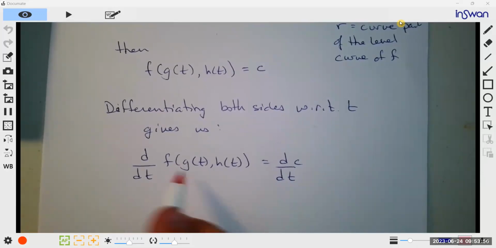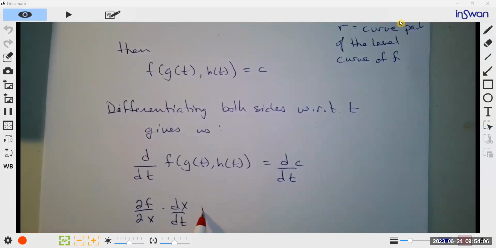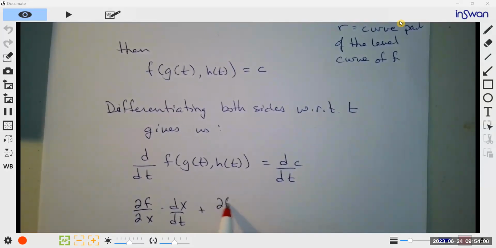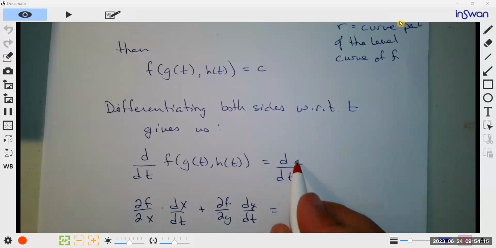What that means, using the chain rule, we get the partial of f with respect to x times the derivative of x with respect to t, plus the partial of f with respect to y times the derivative of y with respect to t. The derivative of any constant is 0.